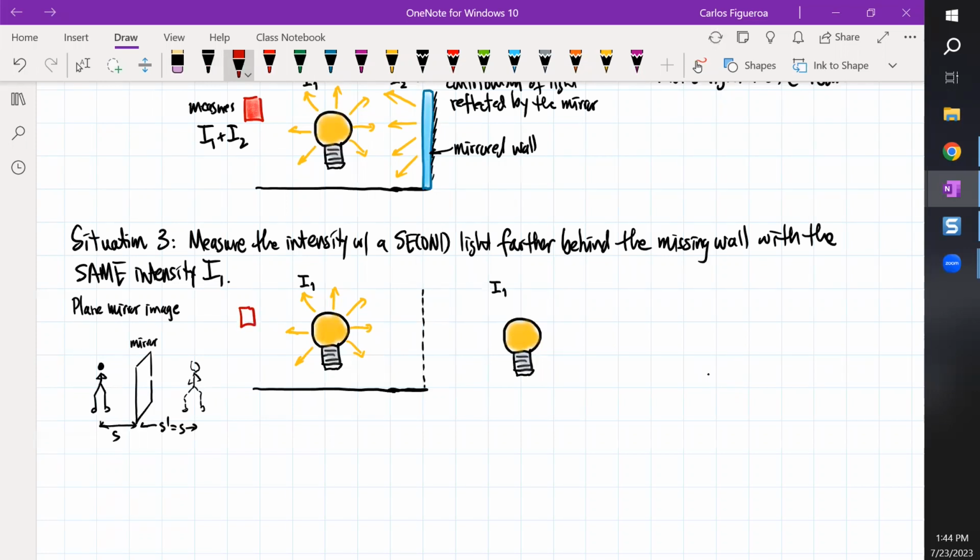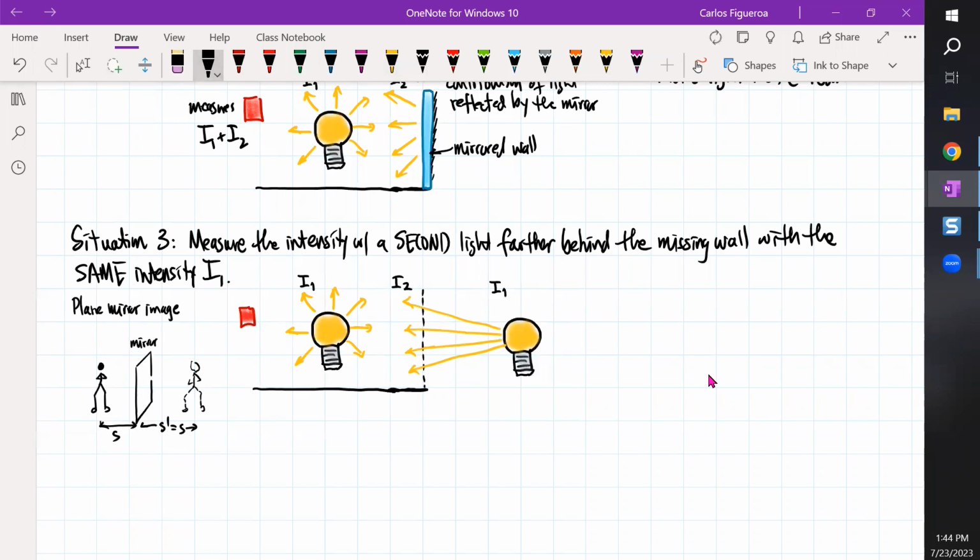And the only thing we care about is the intensity of the light at the light sensor, not where it starts. So now light is coming from the farther away light bulb, but when it gets to the light sensor, it has a lower intensity.